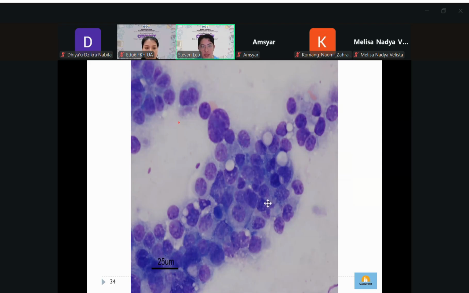So for this one, if you can help me differentiate, is it more inflammation or more cancer? You can put it in the chat box. I'm going to give you 10 seconds. Let me check the screen.